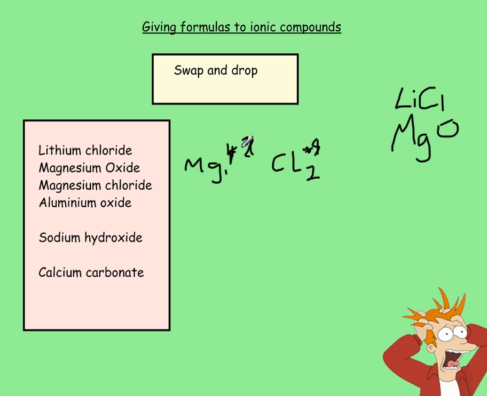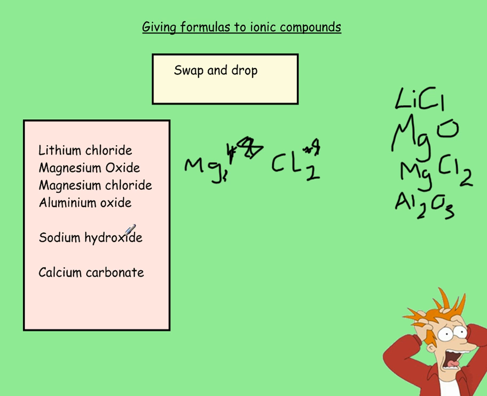So I've swapped and dropped them. Look. Remember, if it's a 1, you don't mention it. So here it is, the formula, MgCl2. Okay, aluminium oxide is very similar. You've got a 3 and a 2, you swap them round, and you end up with Al2O3. You have a go at that.